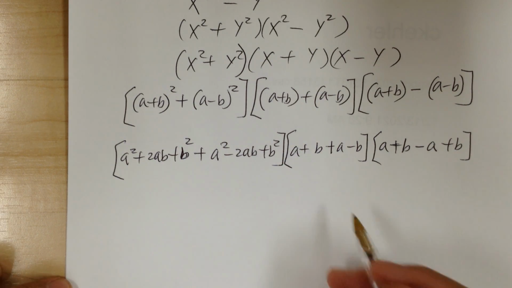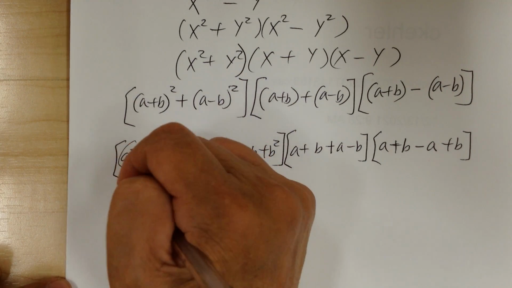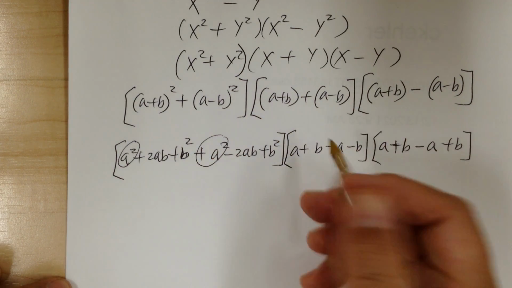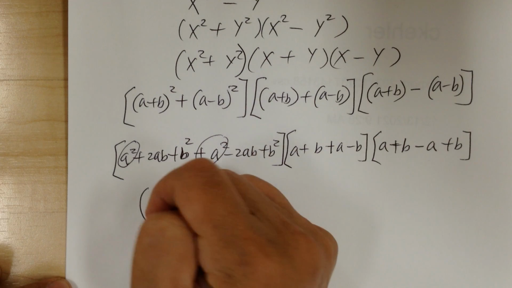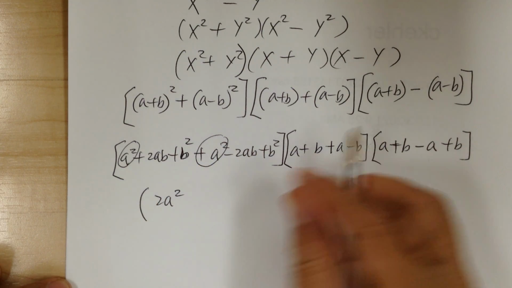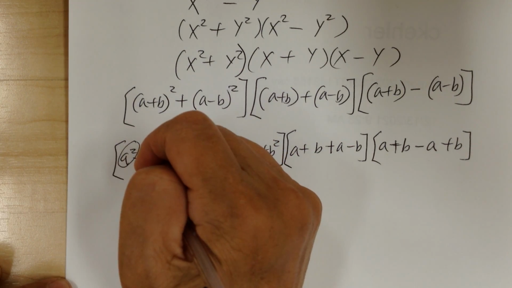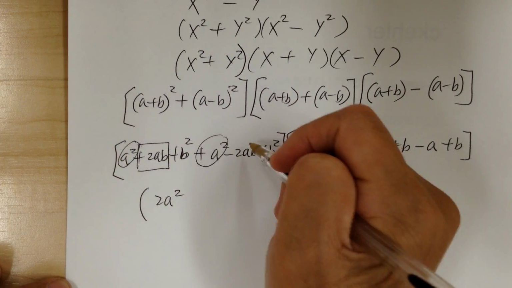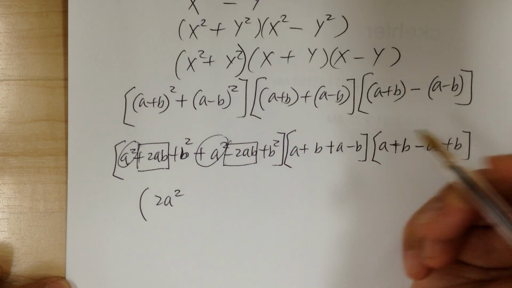But first let's go ahead and simplify. This one and this one, it'd be 2a squared. And 2ab minus 2ab cancel out.